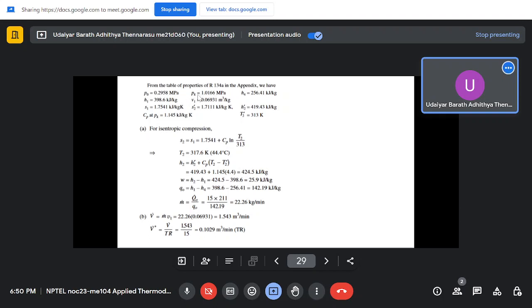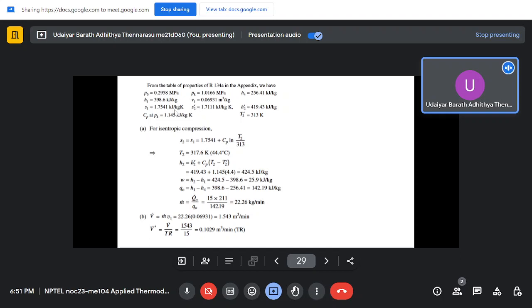Then at the condenser condition, your pressure is 1.0166 megapascal for 40 degrees Celsius, and the specific volume at the compressor inlet is 0.06931 meter cube per kg.